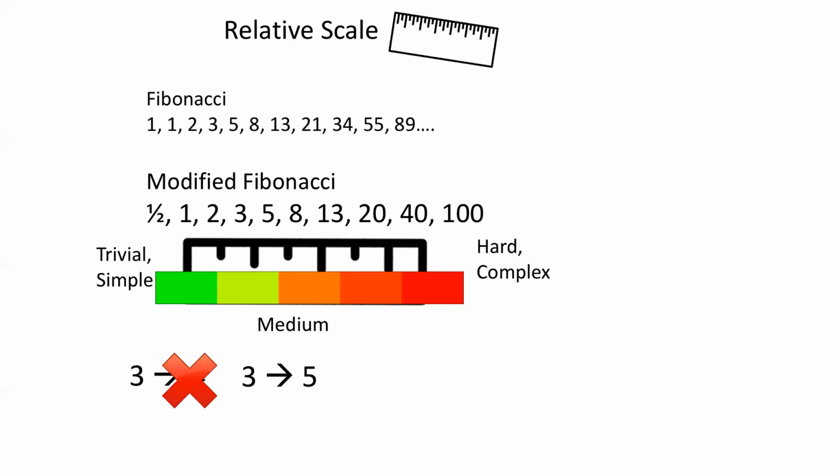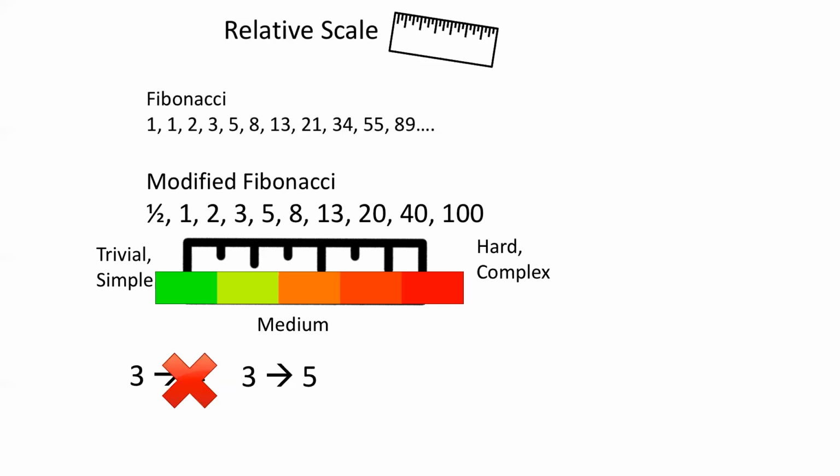Why? Because when your complexity increases, it does not always have a linear effect on the effort. There'll be more communication required, more testing, more review, more development, more code reviews, more collaboration, even if the complexity increased by 1 point.